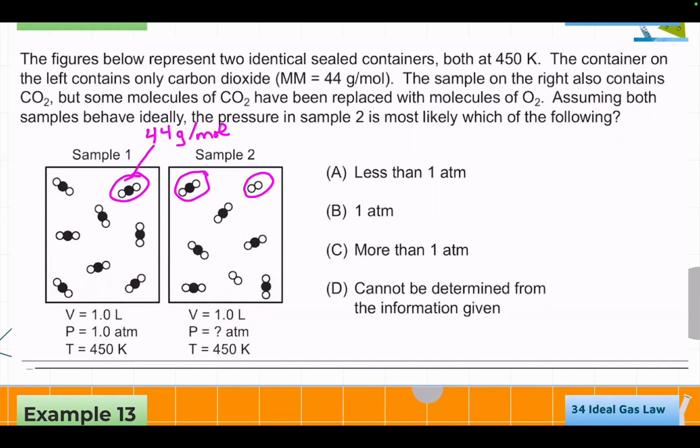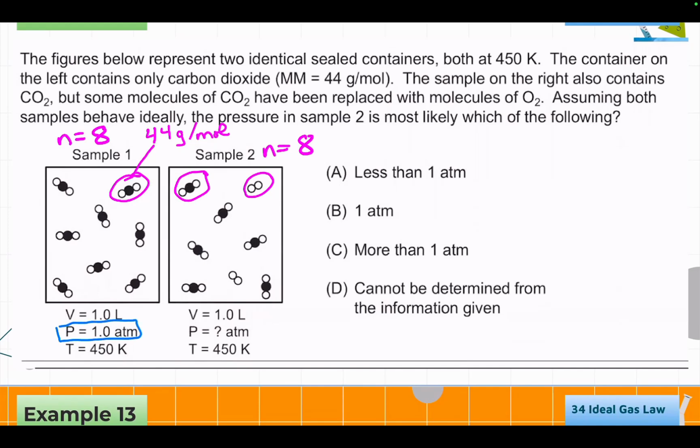But notice that N equals 8 for both. Assuming that both samples behave ideally, the pressure in sample 2 is most likely which of the following? So, the pressure in sample 1 is 1 ATM.